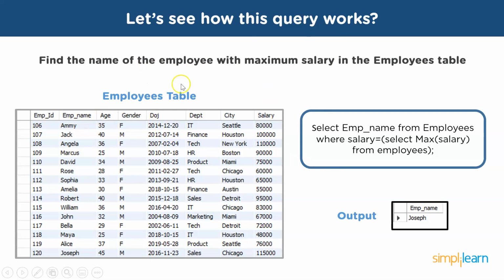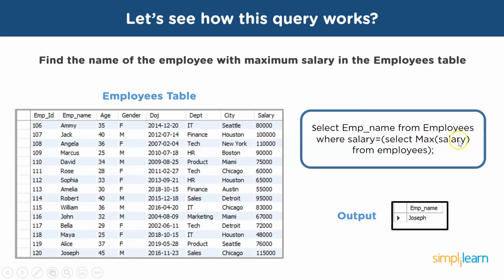Now let's see how this query works. Here we have another question, which is to find the name of the employee with maximum salary in the employees table. This is our previous employees table, and to find the employee who has the maximum salary, my subquery would look something like this. I'm selecting the employee name from my table, that is employees, where I'm using the condition salary equal to, and then I'm passing in my subquery or the inner query.